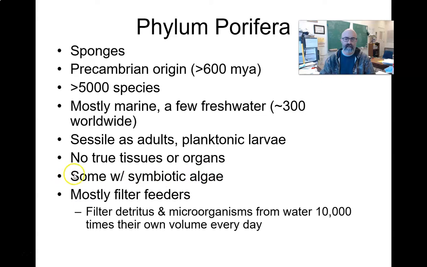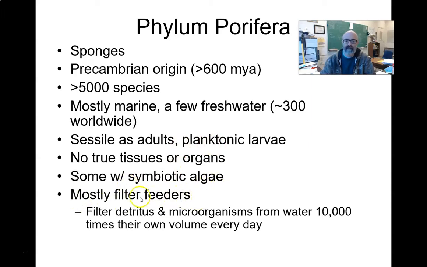Some species of sponge have symbiotic algae. These are usually protists that are photosynthetic. They live in the cells of the sponge, and they get a place to live, and the sponge gets some extra sugar that is produced by the algae.